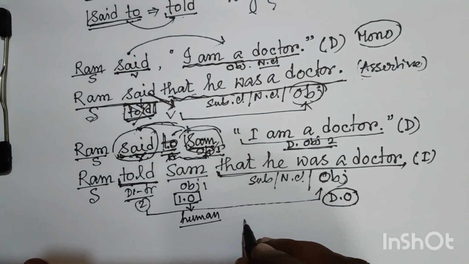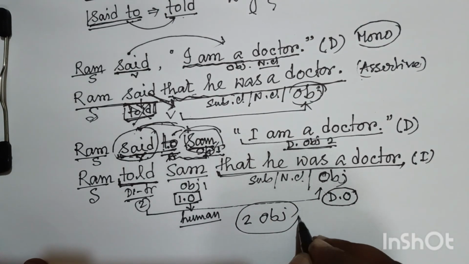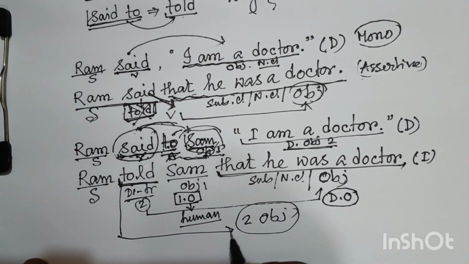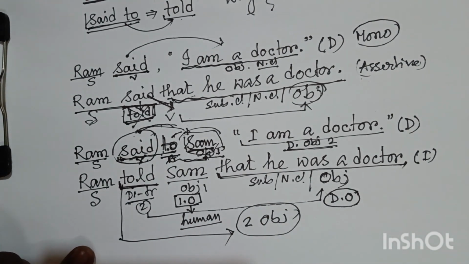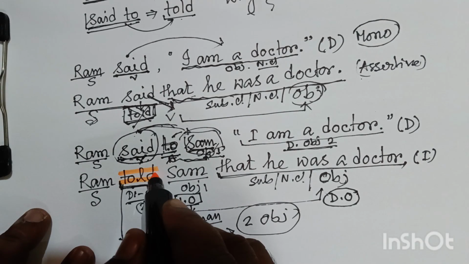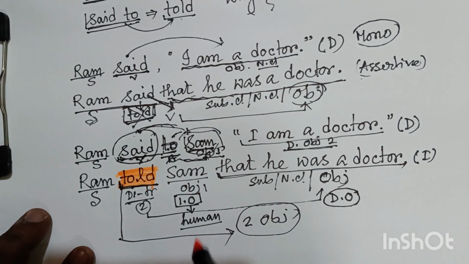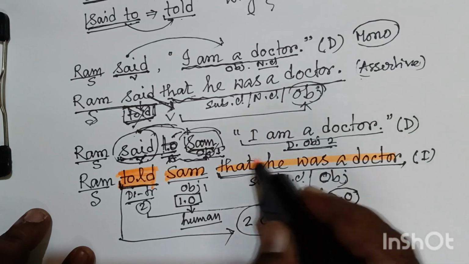That means we have used two objects here with the verb told. Told has the ability to take two objects in a sentence.